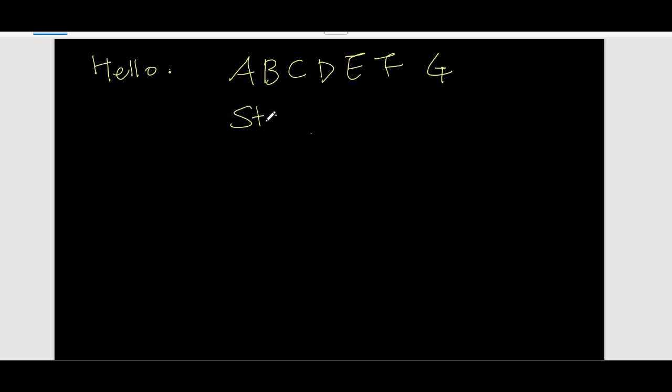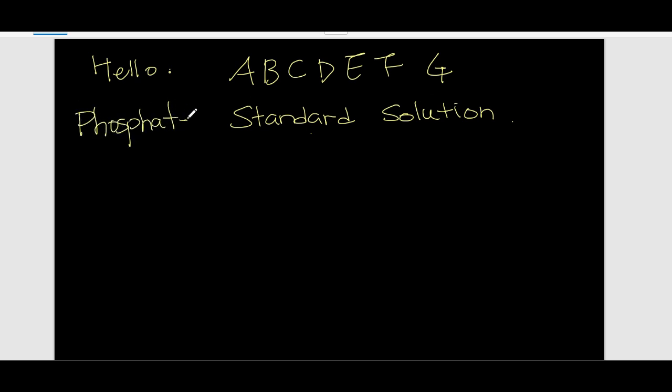The nature of the standard solution: the chemical is a phosphate ion. Phosphate ions are in solutions A, B, C, D, E, F, G. Why are they A through G?